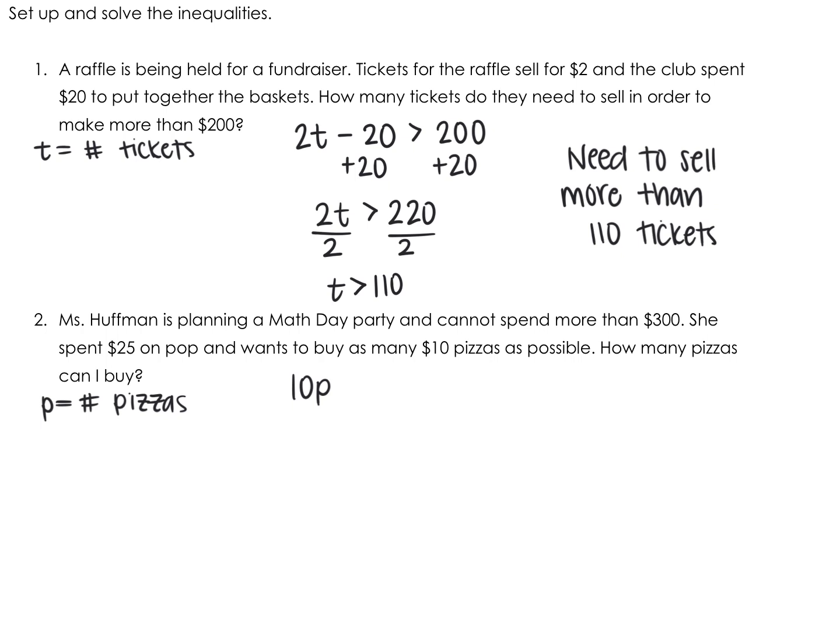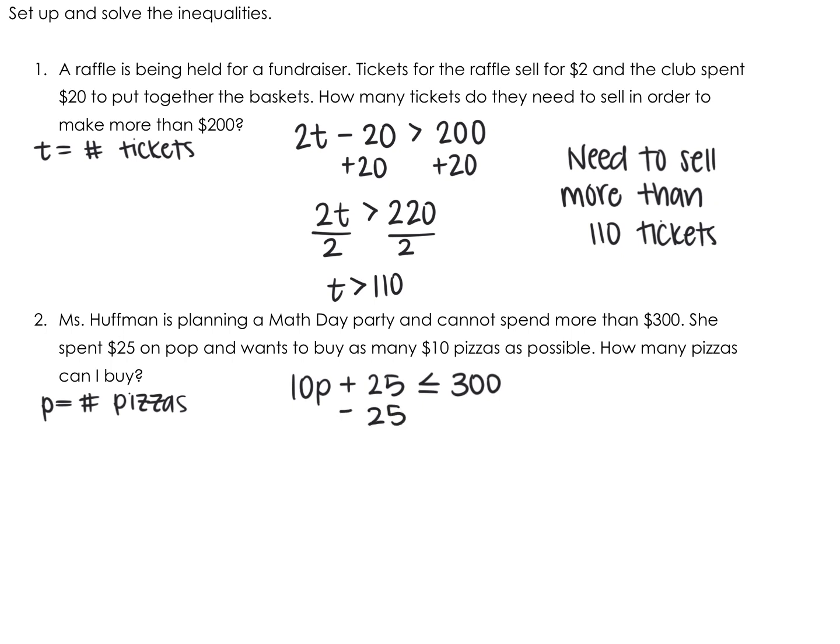And I've already spent $25 on pop, so that's going to be plus 25. Because this time my equation side is representing the amount of money I've already spent. And that has to be less than or equal to 300, because I can't spend over $300. I can spend exactly that since I have that amount of money, so I can have the equal to.